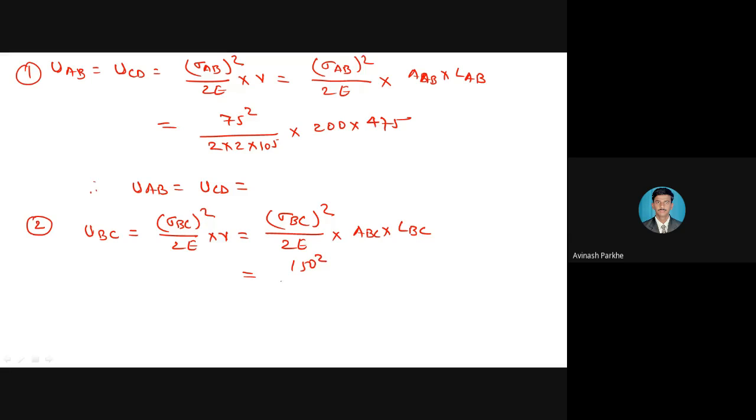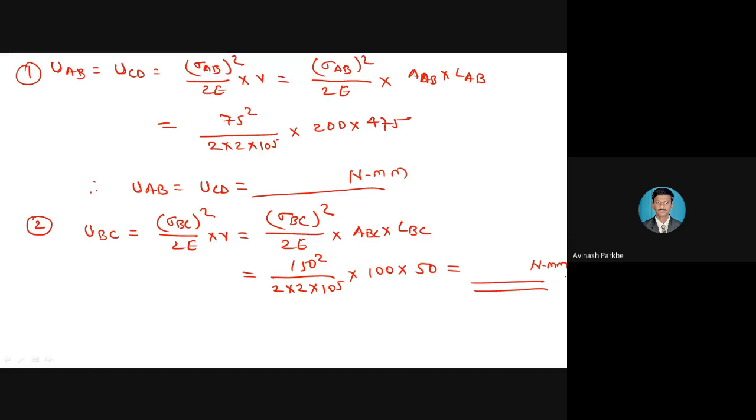Put the value, sigma of BC 150 square divided by 2 into 10 raised to 5 into area of BC 100 into length of BC, it is given in the figure 50 mm. So find out the value. The strain energy will be in Newton mm.